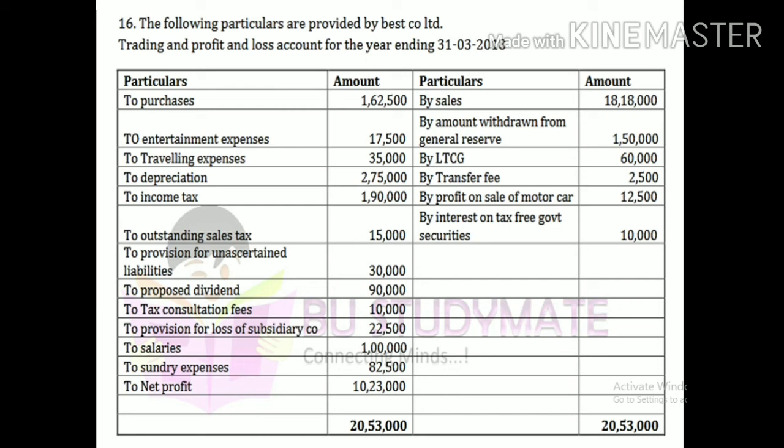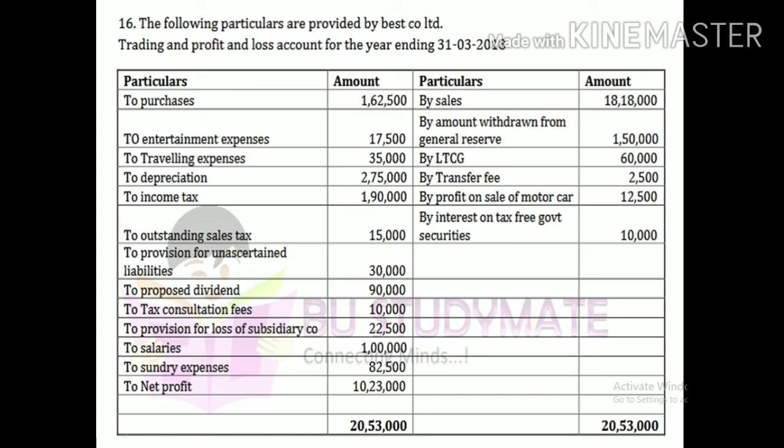Take first the net profit 10,23,000. Then add statutory additions. Purchases, ignore. Miscellaneous expenses, ignore. Travelling, ignore. Depreciation you should take compulsorily. As per the profit and loss account, depreciation should be added back.